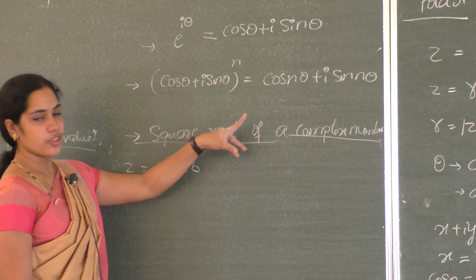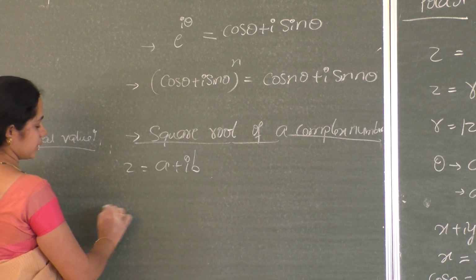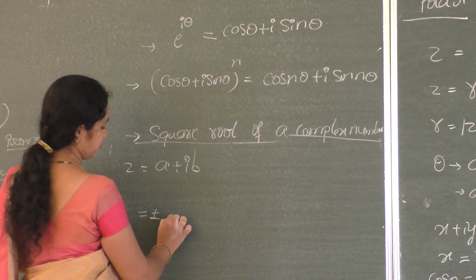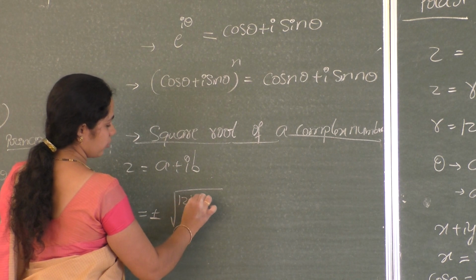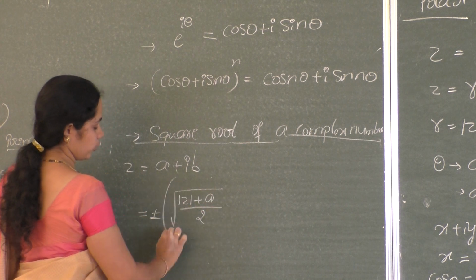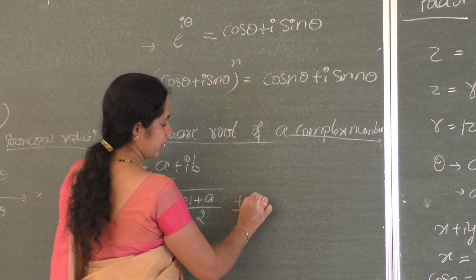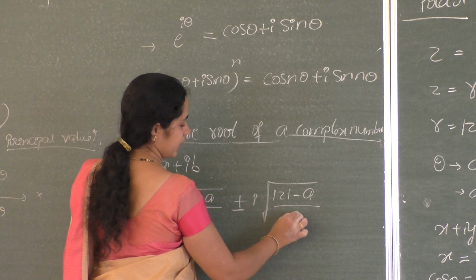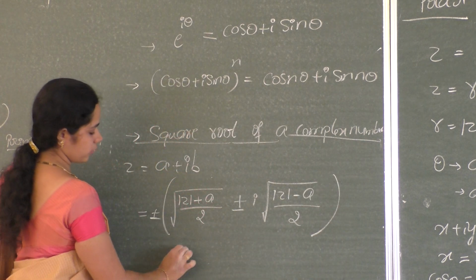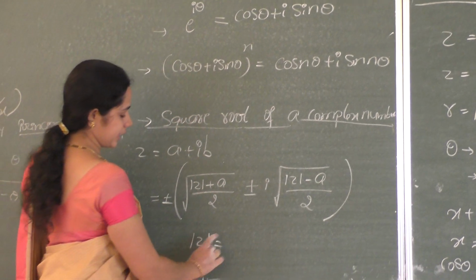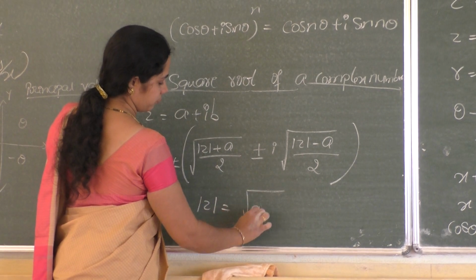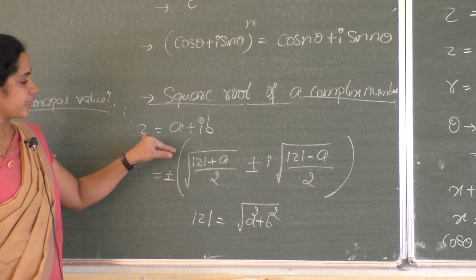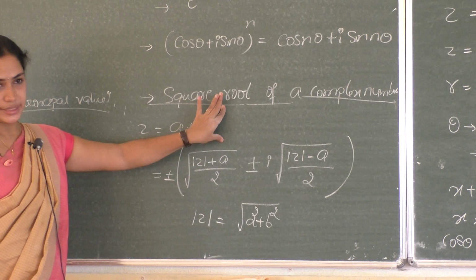To find the square root of a complex number, we have the formula: the square root is equal to plus or minus [root of (modulus of z plus a) divided by 2, plus or minus i into square root of (modulus of z minus a) divided by 2]. Here modulus of z is equal to root of a square plus b square.